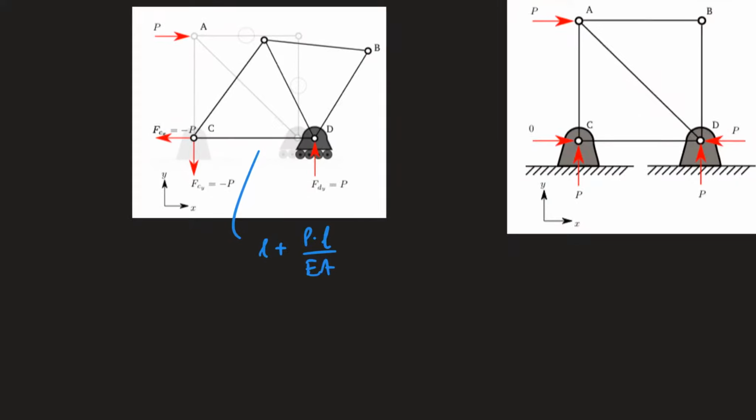So the amount that we're moving in that direction now, the delta dx direction, is equal to P multiplied by L on EA. Okay, so that's the amount that we are moving. In fact, let's not make that a small delta, let's make that a big delta. That just keeps this consistent with the notes.